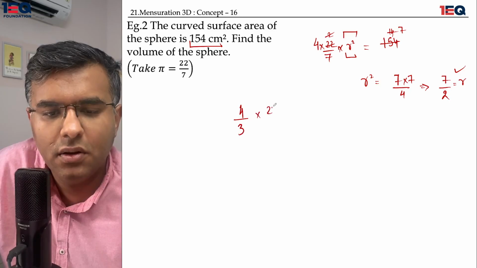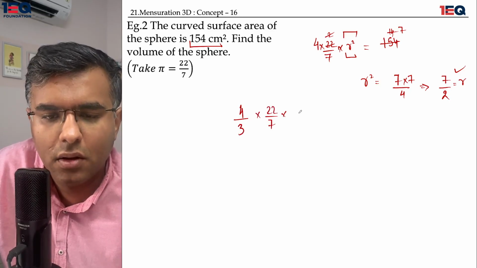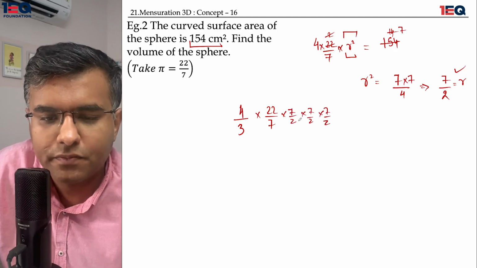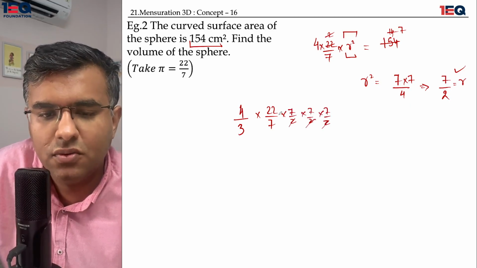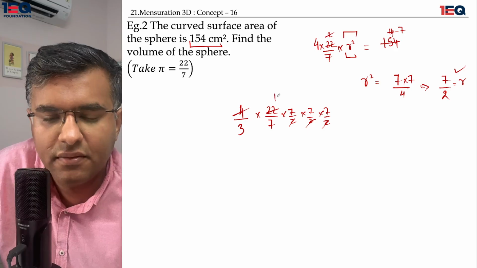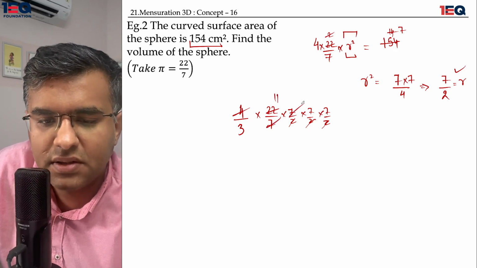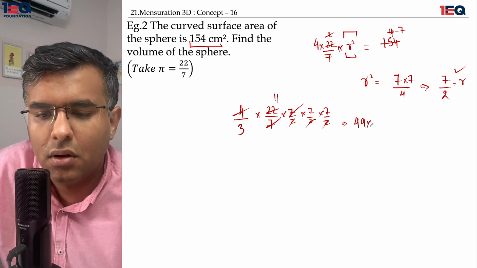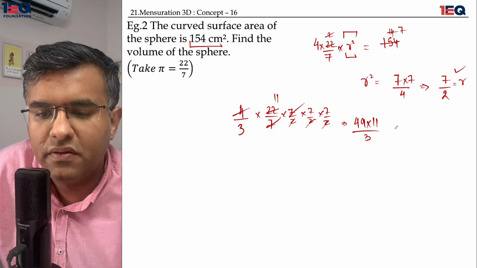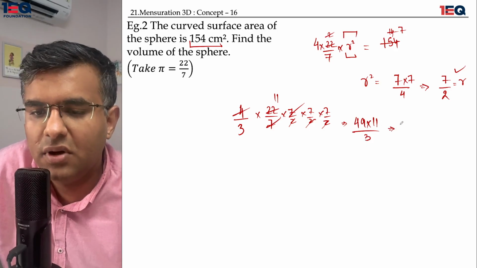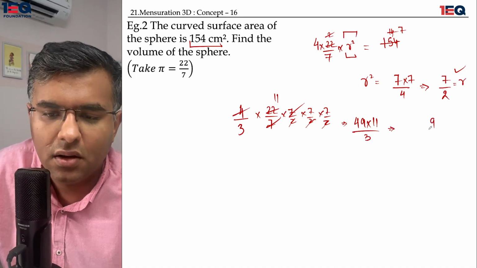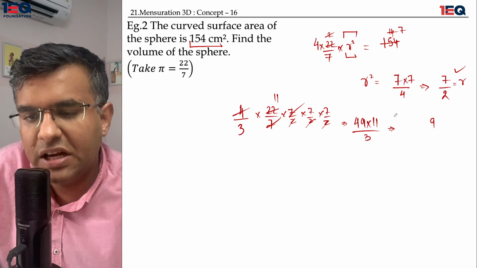4 by 3 pi r cube. All the 3 2's go and leave this behind. This and this go. So this is 49 into 11 over 3. 49 into 11 over 3. 11 9s are 99. 11 4s are 44.